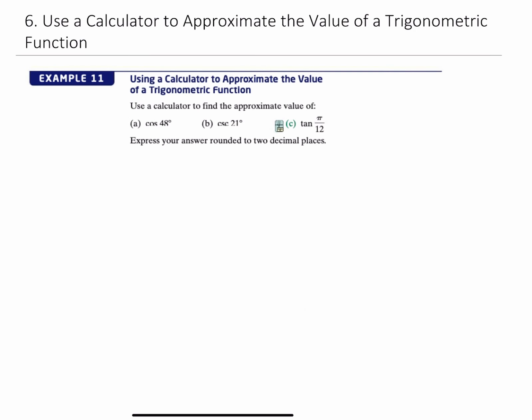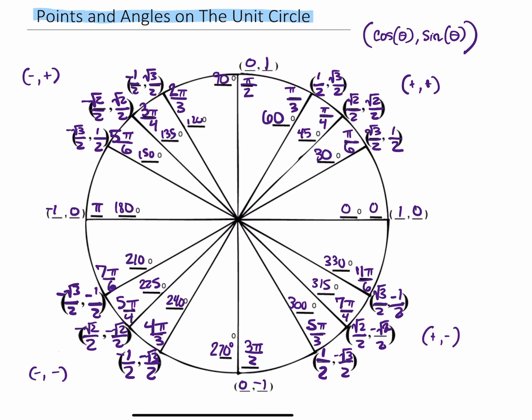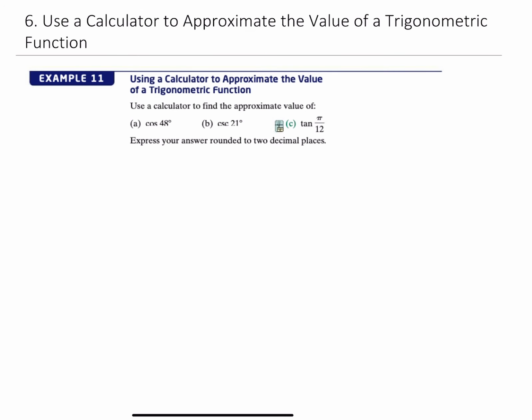All right. The next section just has you practice using a calculator to find values. We have all of these nice special angles on the unit circle, but oftentimes in practice, you get angles that fall in between these. This is more of a perfect situation. In application problems, you'll often run into angles that aren't your nice special angles, so that involves plugging them into a calculator.